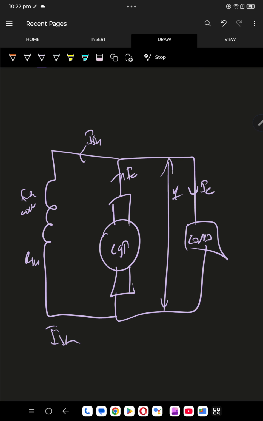ISH is the shunt field coil current. IA is the armature current. RSH is the shunt field coil resistance. RA is the armature resistance. VT is the terminal voltage. IL is the load current. EG is the EMF generated across the armature. That's it. This is also done. The second is also done.